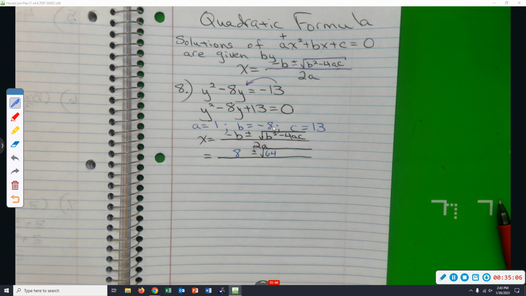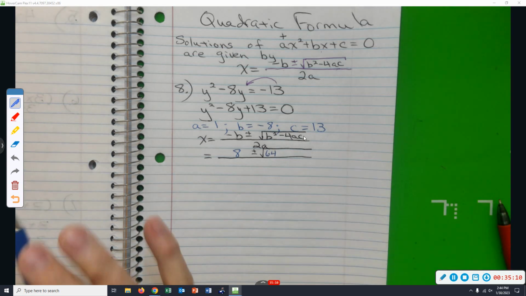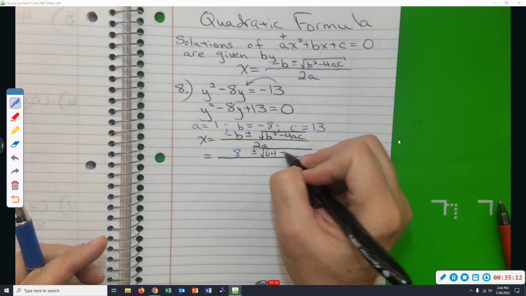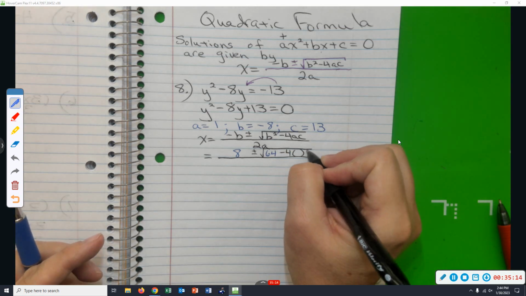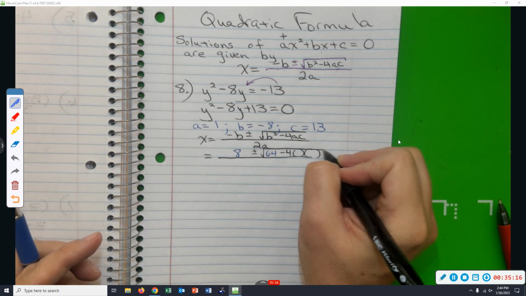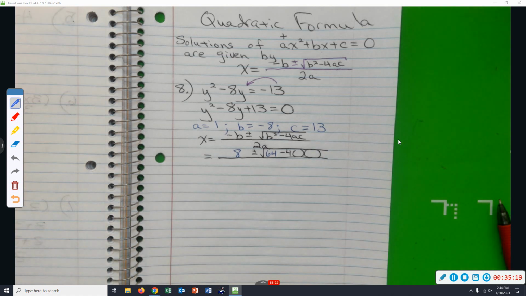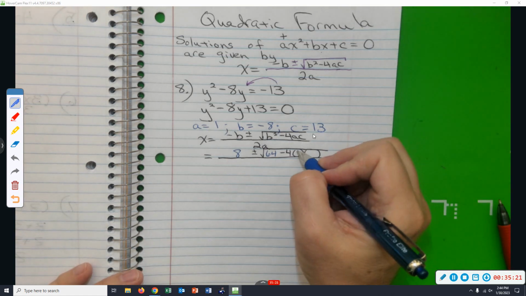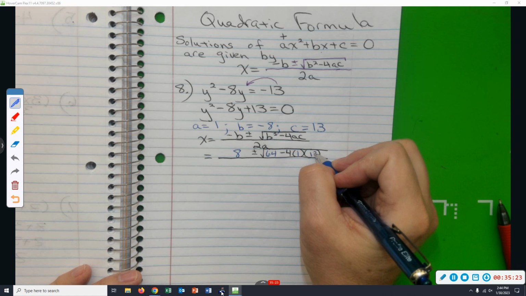Negative 8 times negative 8, just go ahead and do that and write out 64. And then we have a minus 4 times A times C. A is 1 and C is 13.